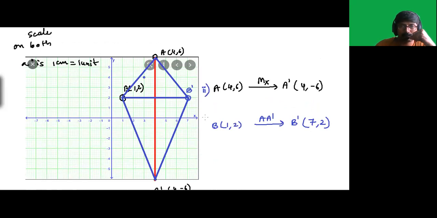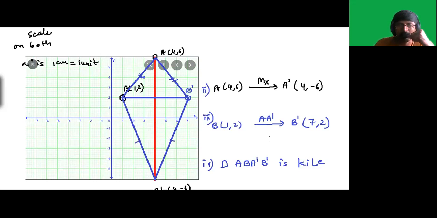This is the third subpart, and the fourth subpart is what is the geometrical name. So quadrilateral A, B, A prime, B prime is a kite. Why a kite? Because the upper two sides are equal and the lower two sides are also equal.